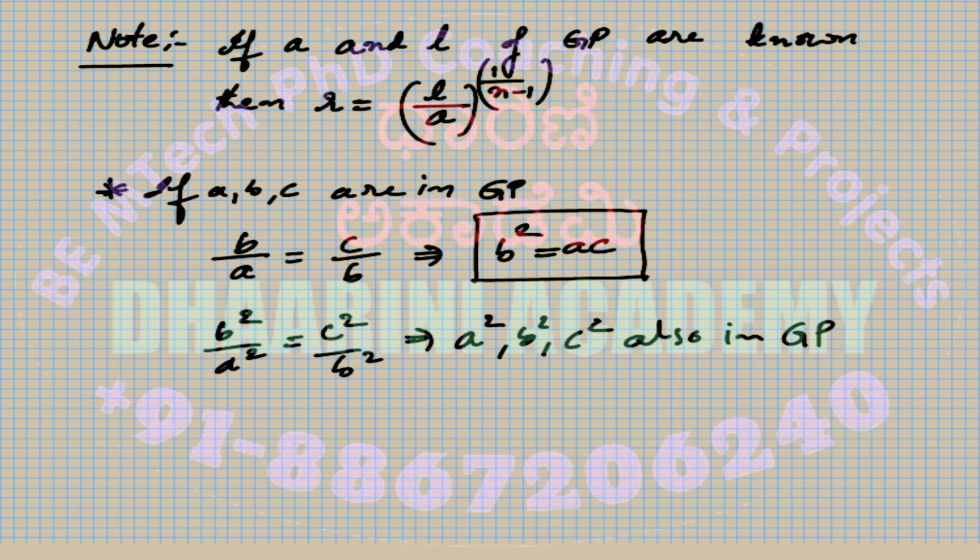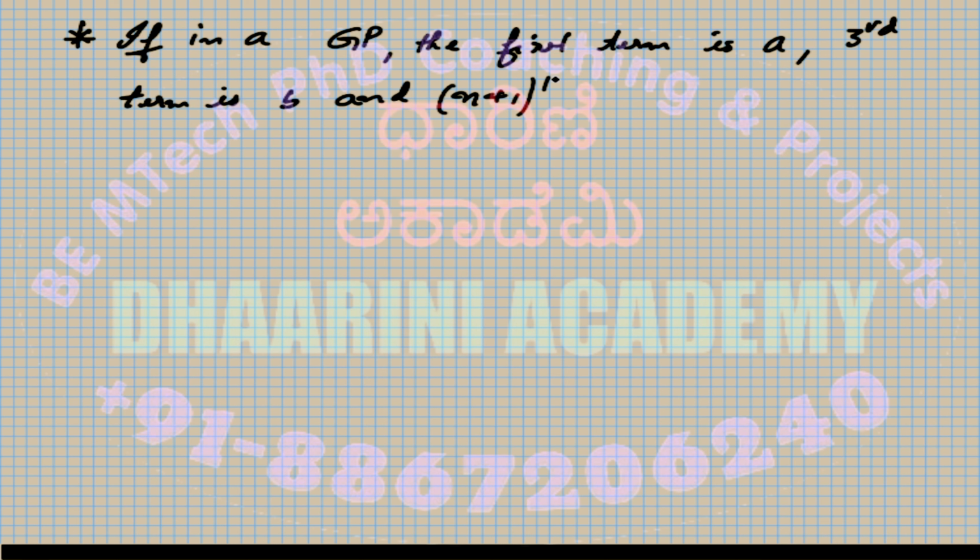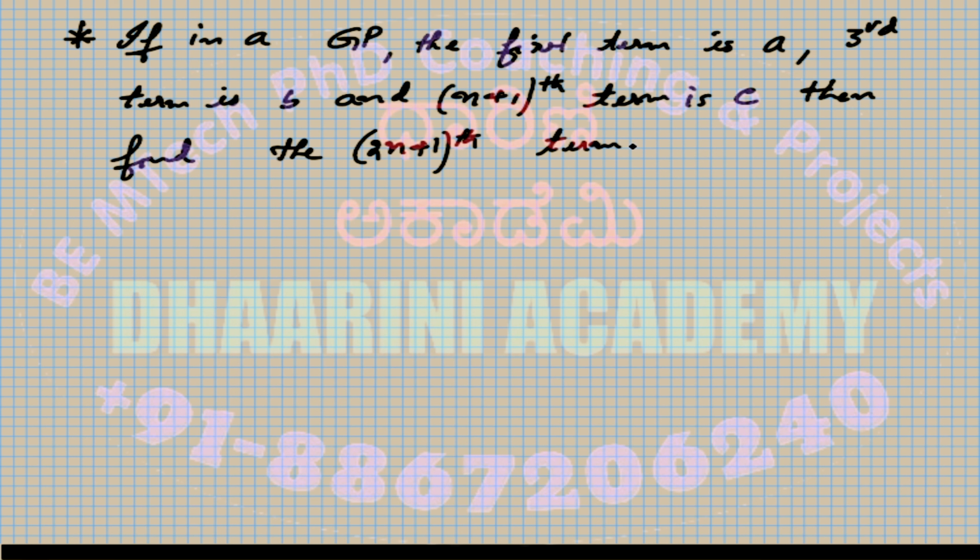If in a geometric progression, the first term is A, third term is B, and let us say the n plus 1th term is C, then find the 2n plus 1th term of that GP.